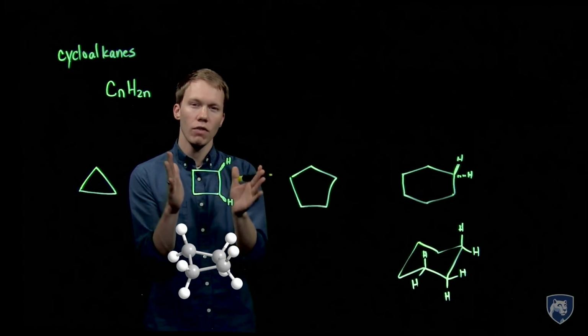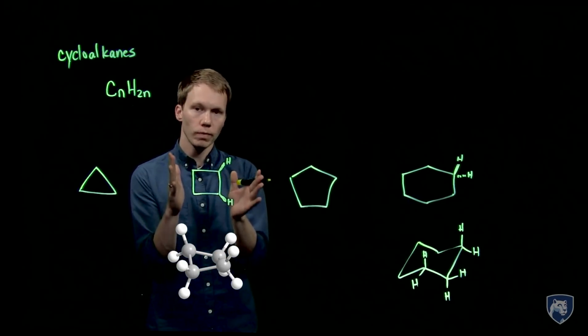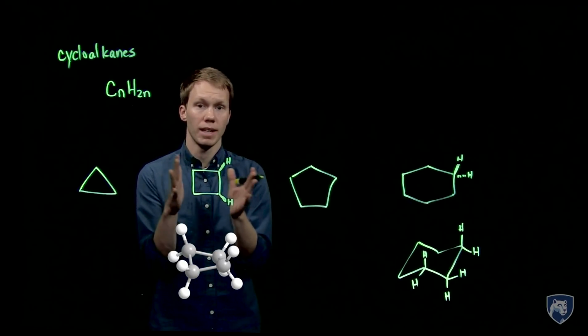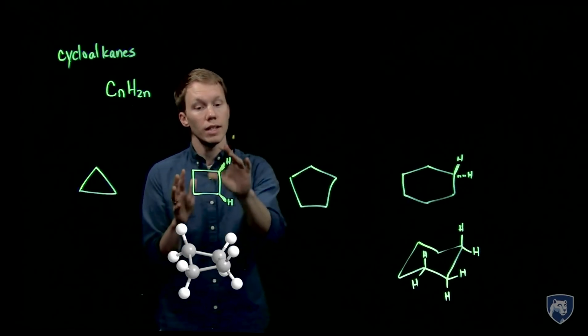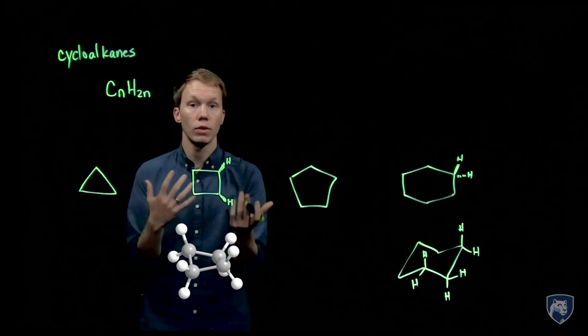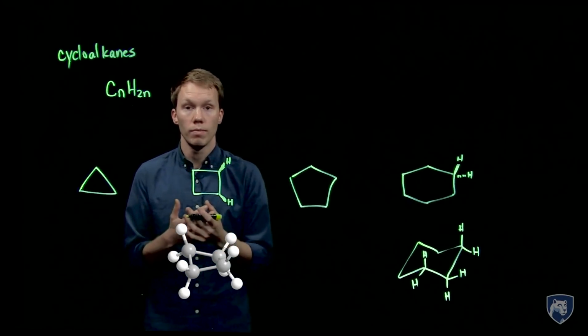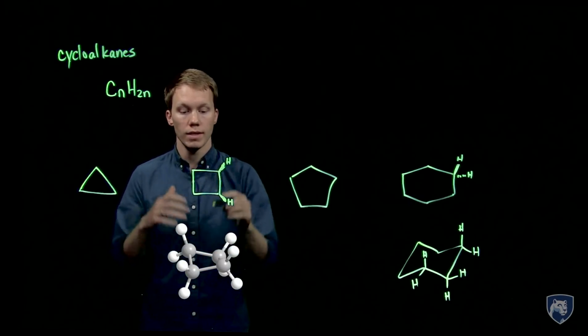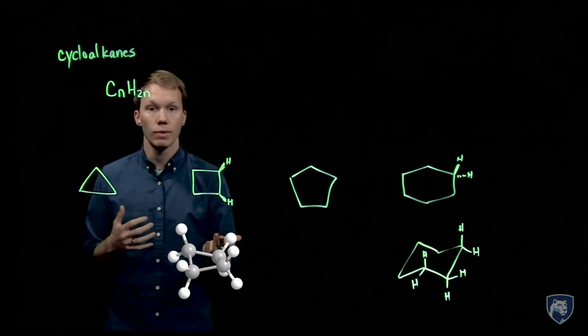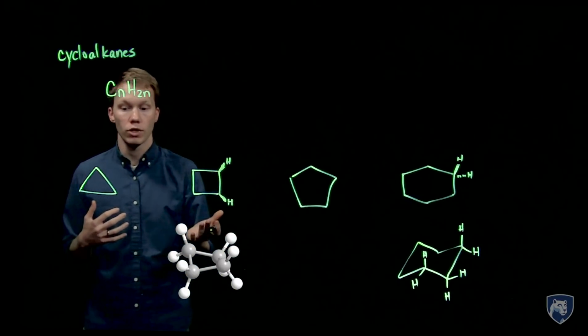If they're kind of overlapping in the same space, they are going to be at higher energy because of the electron-electron repulsions in these bonds being close together. And they don't physically look close together here, but if you looked at a space-filling model, it would be more obvious. So this adopts more of a puckered shape, as we can see in the three-dimensional picture.